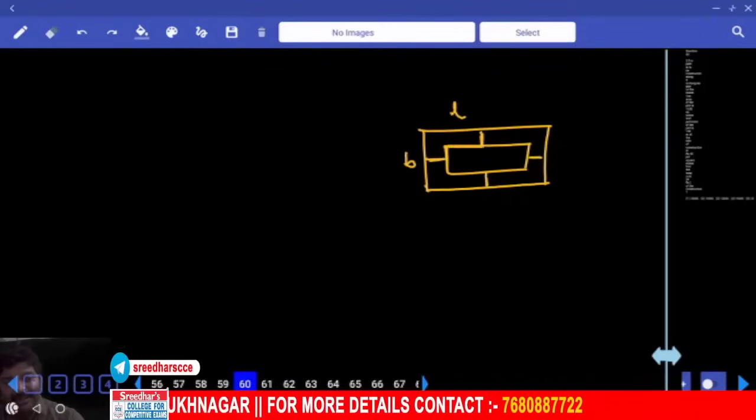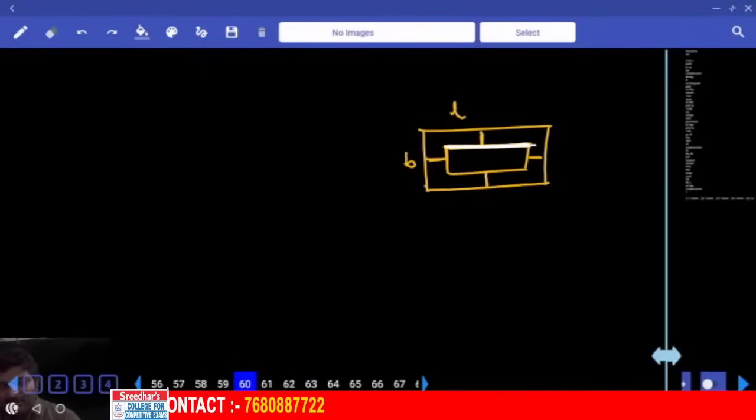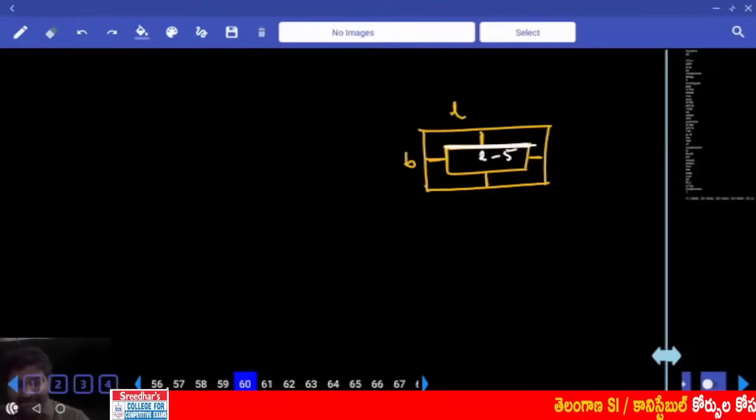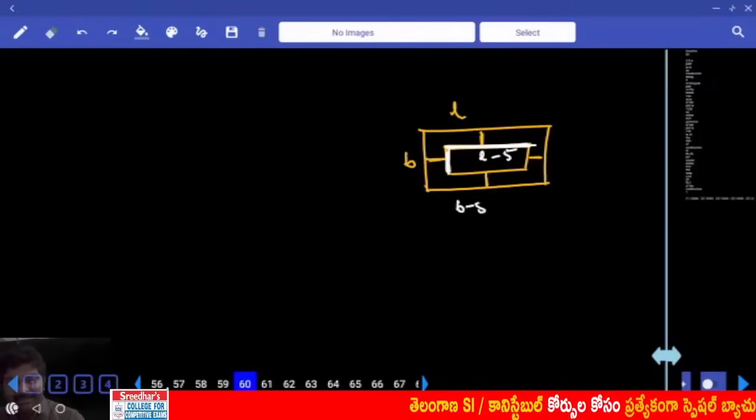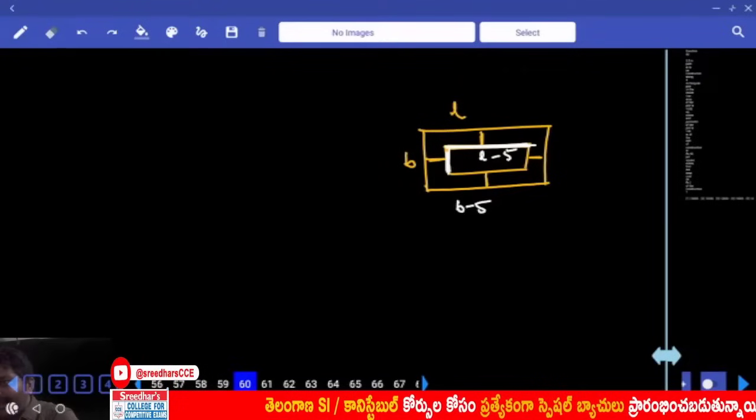Now for the inner rectangle, length is going to be, come on, you have to subtract 2.5 here and 2.5 here. Total 5 should be subtracted from the original length, correct? Then it becomes L minus 5 and breadth becomes B minus 5. So path area is outer rectangle area minus inner rectangle.